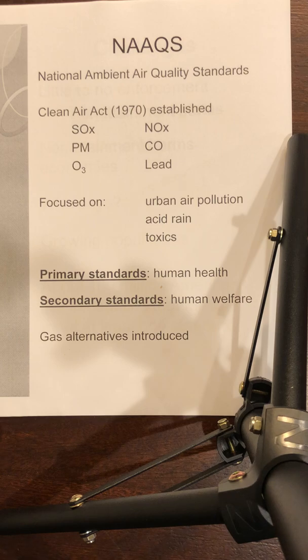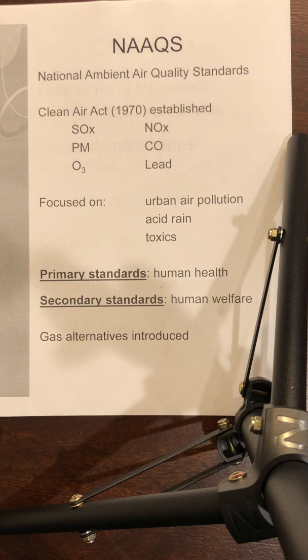The EPA established national ambient air quality standards for 2 different standards. Primary standards protect human health. So what level of carbon monoxide can people be exposed to for a given amount of time before negative health impacts are observed? Secondary standards protect human welfare.